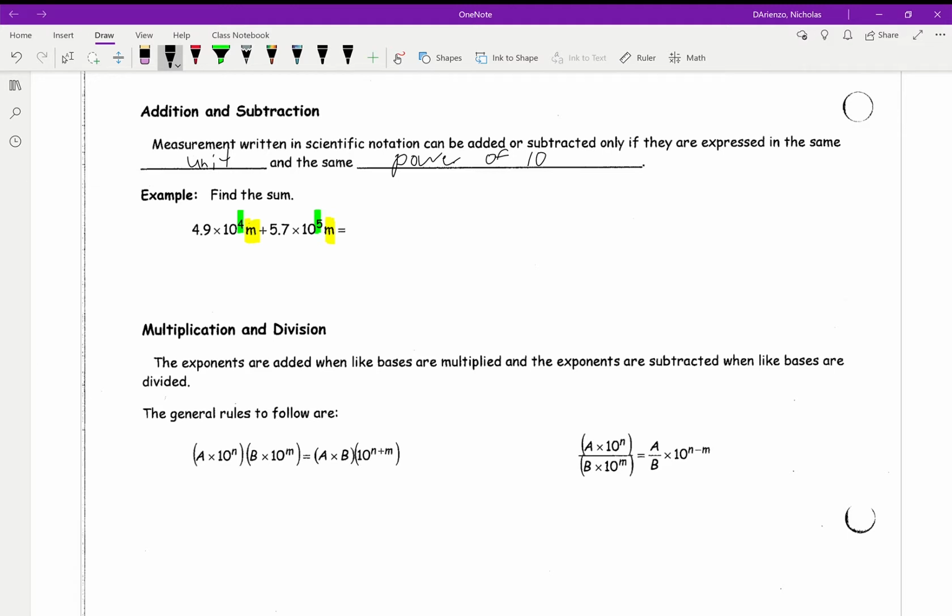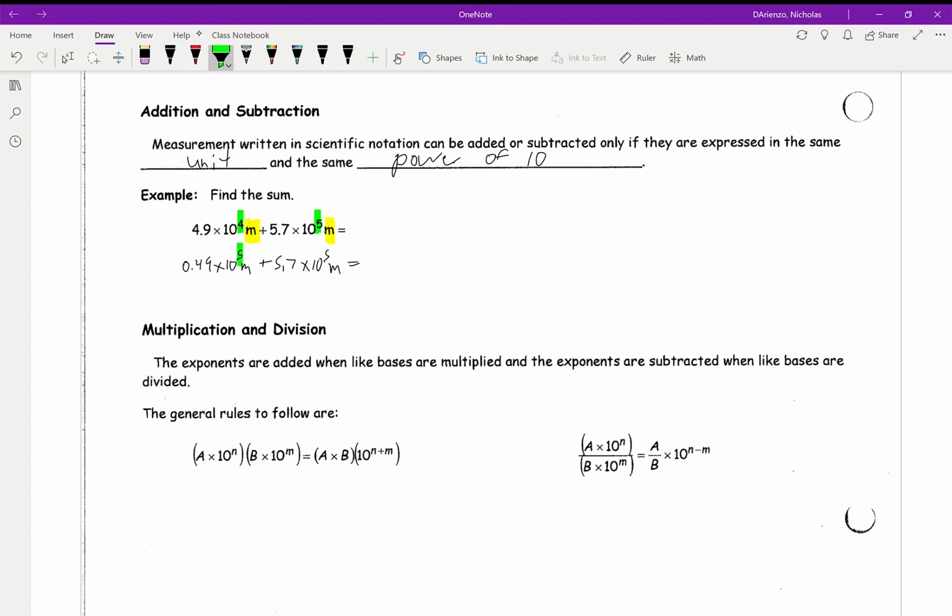So we have to convert one of these numbers so the power of 10 is the same. I'm going to convert 4.9 times 10 to the 4th here, and we'll move our decimal to the left. So this is going to make 0.49, and that's going to increase our exponent as we move farther away from the ones place, meters, plus 5.7 times 10 to the 5th meters equals.